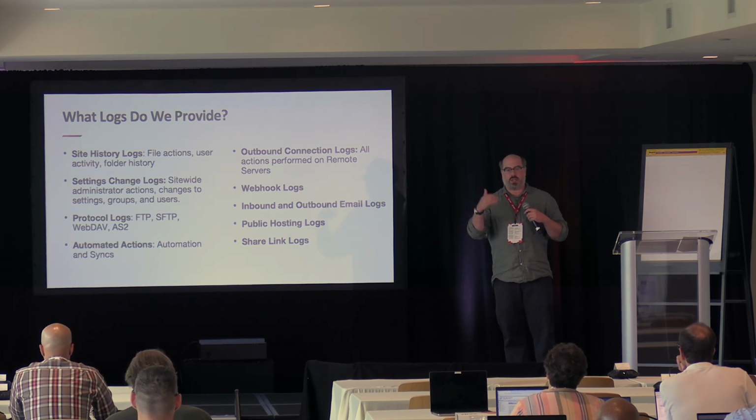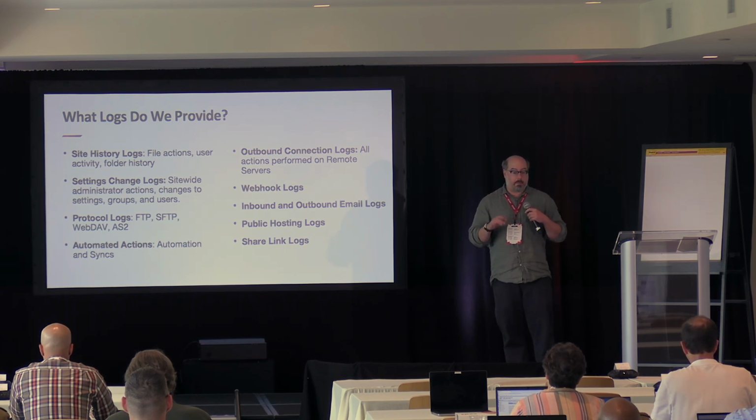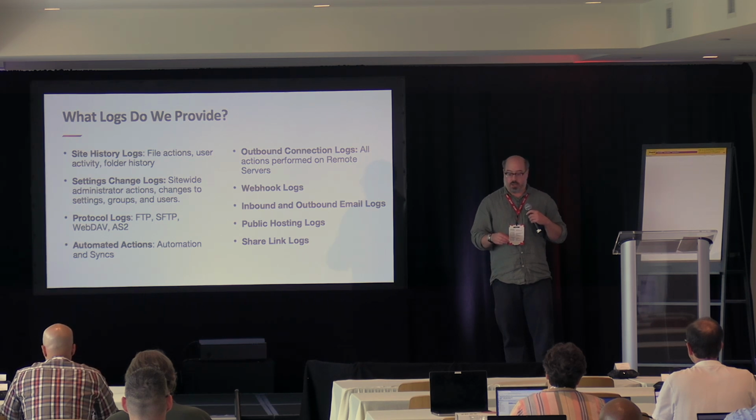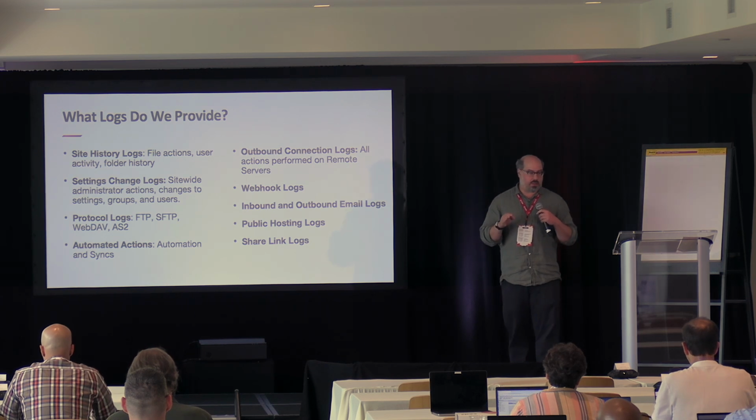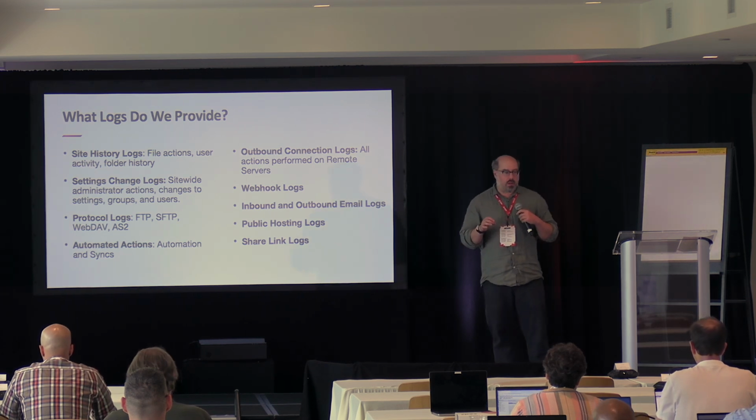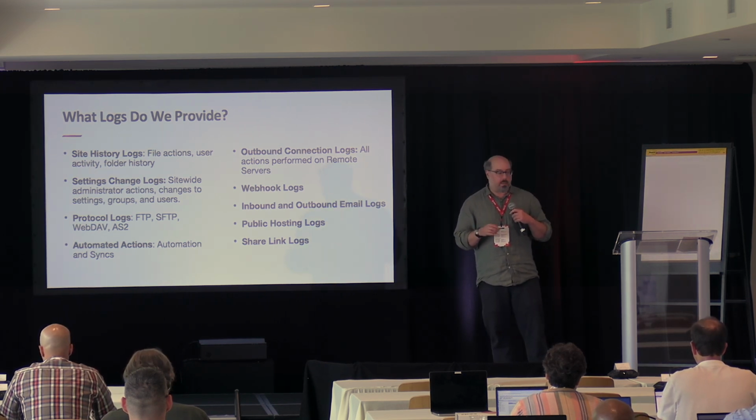So your site history logs are not spammed full of every time anyone changed a directory all day long, but your SFTP, FTP, WebDAV, and API logs do actually show that information. So when you've got to go and say exactly what is going on here, that's where you're going to go, to the protocol where it was performed.